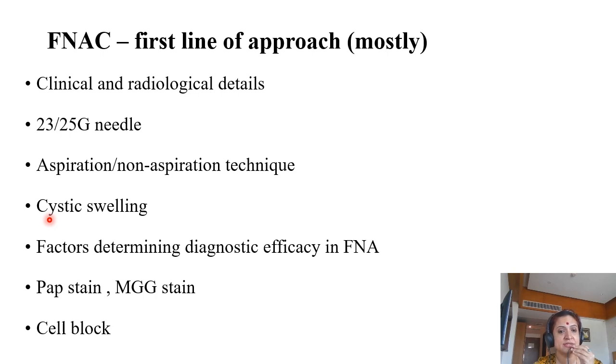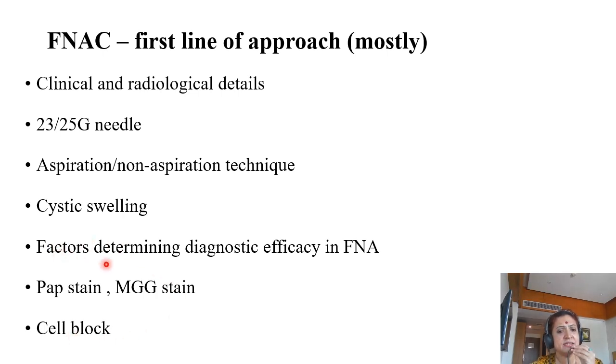In a classical scenario, in a smoker, bilateral cystic swelling is the classical presentation of Warthin's tumor. For that matter, any cystic swelling, you have to aspirate and get the whole cyst fluid, and then you have to re-aspirate from any remaining swelling. The cyst fluid should not be discarded, and it can be used for cell block, and it may give important information.